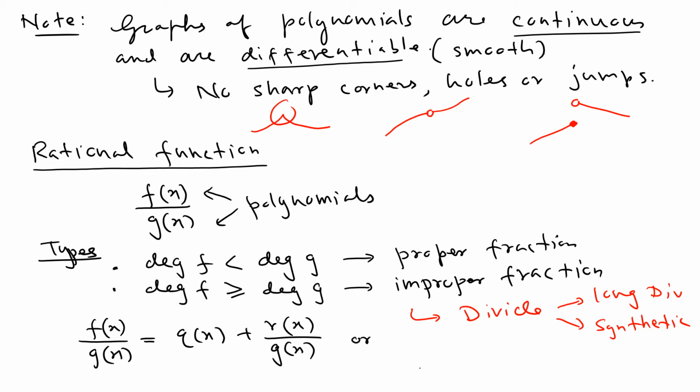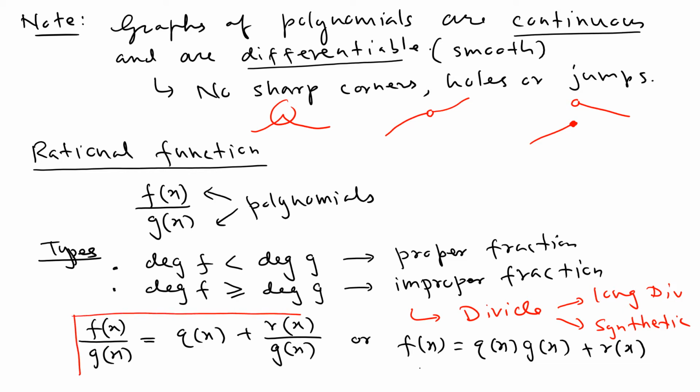Or you can also write this as f(x) equals the quotient times the divisor, plus the remainder. So there are two ways to write it. You can either write in this form, or you can write in that form.